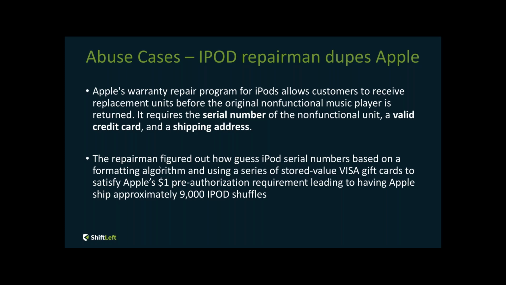As a consequence, Apple shipped 9,000 iPod Shuffles to this individual, who sold each one of them for $45 in the secondary market. Fortunately, this perpetrator was identified, caught, and the class action lawsuit was resolved.